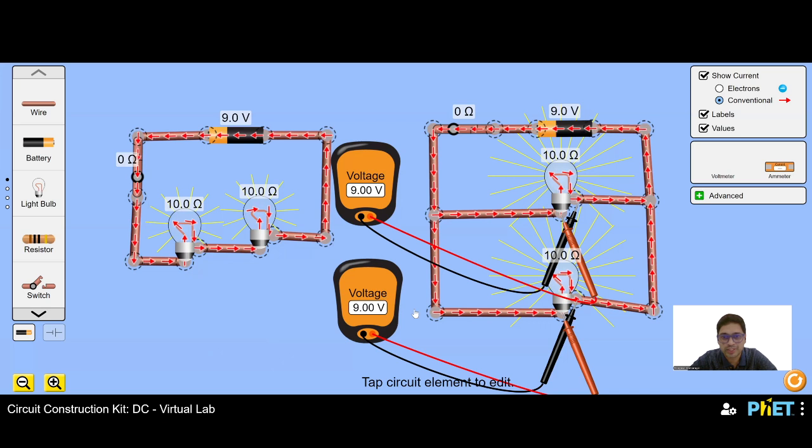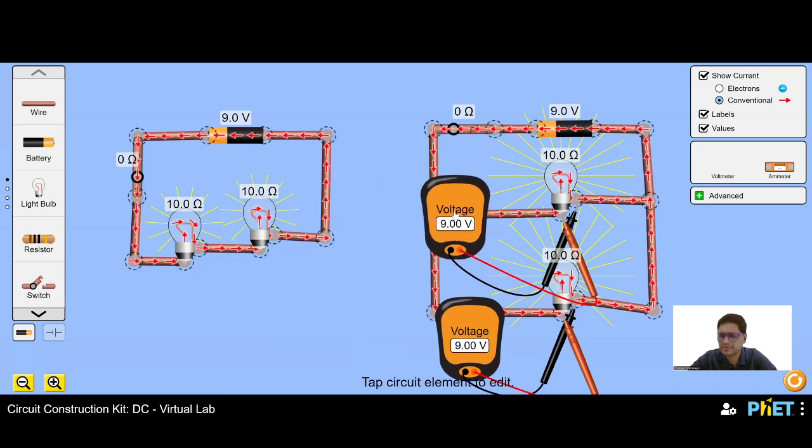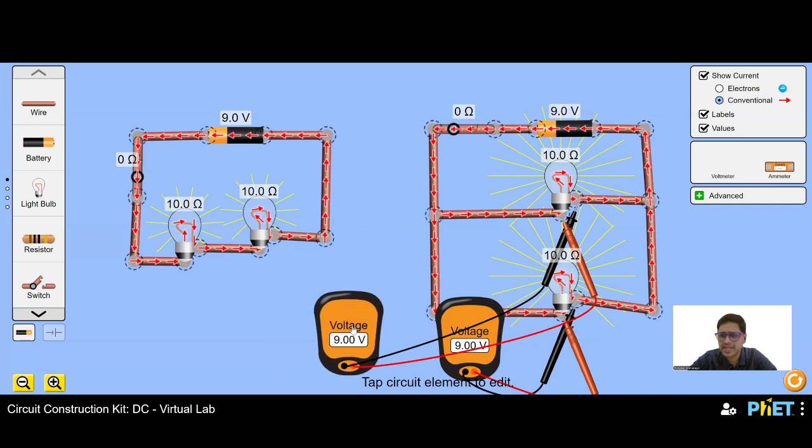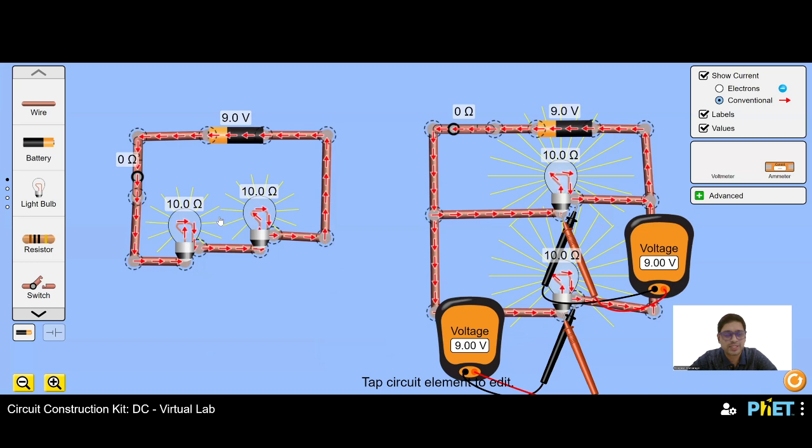So this is about voltage now. What about the current? Will it change or will it stay the same? So this is voltage. What do we notice? In a series circuit, the voltage gets distributed. In a parallel circuit, the voltage is the same, and they get the benefit of total voltage.